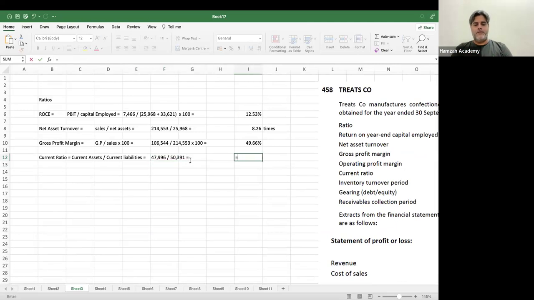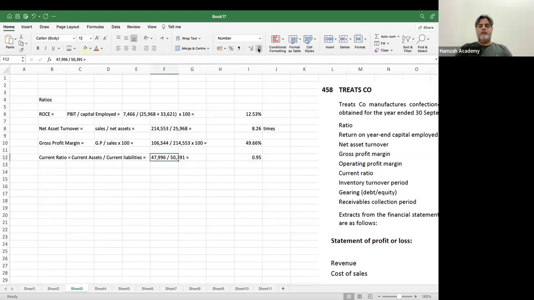So 47,996 by 5391 gives 0.95, a ratio of 0.95 to 1.